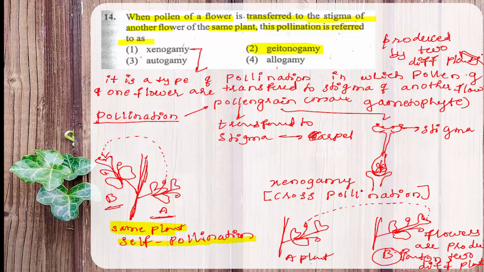Both the flowers are produced by two different plants. Such a type of pollination is called xenogamy.